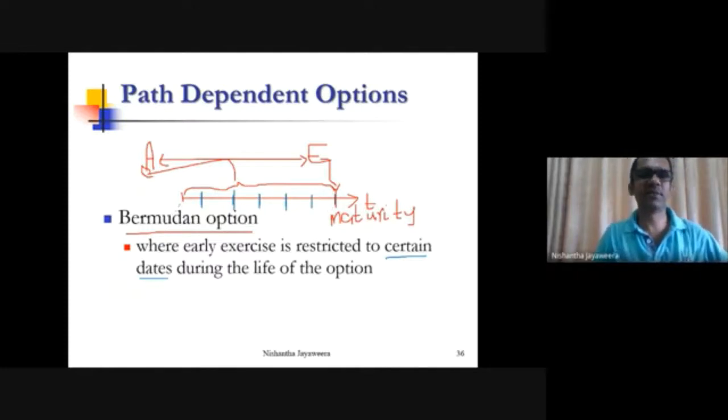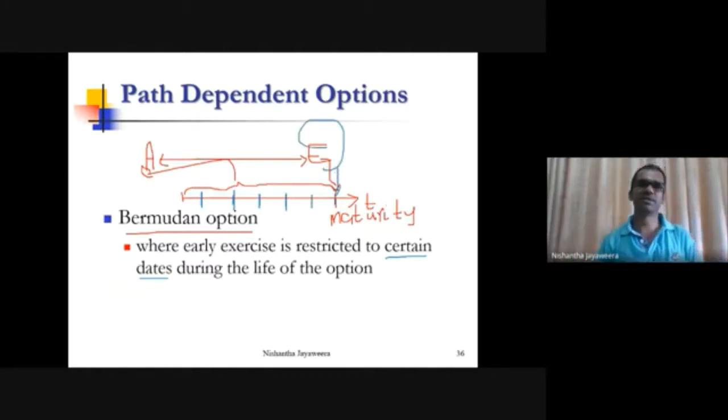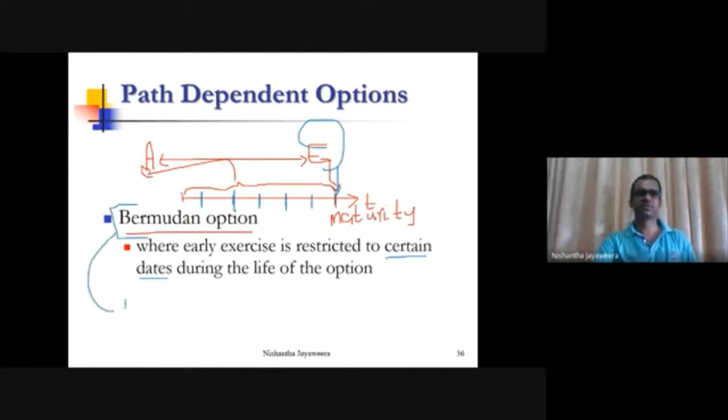But in a Bermudian, not any day, but on given days. It's more than one. In the European, only on the maturity date, the last date of the contract. So that's the difference between American, European, and Bermudian option. So this is again not about strike price, it's about timing.